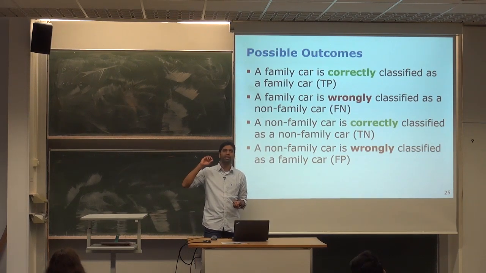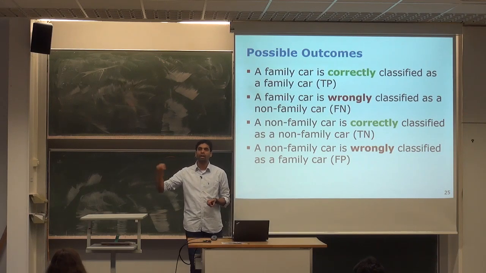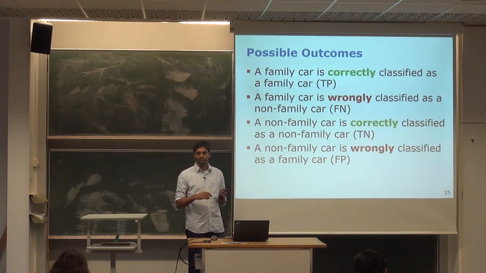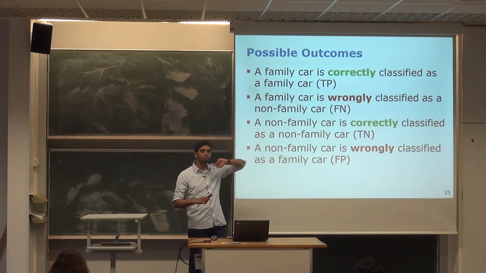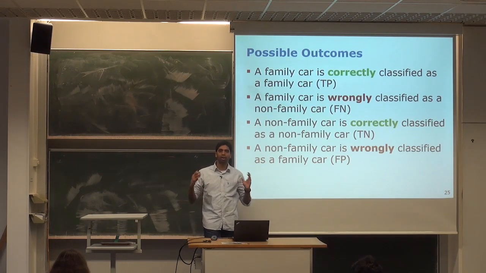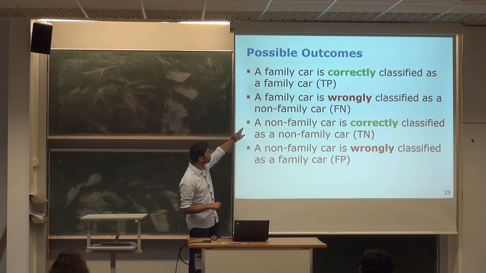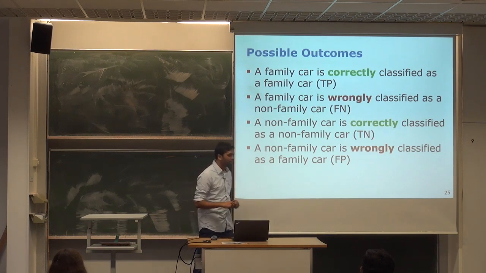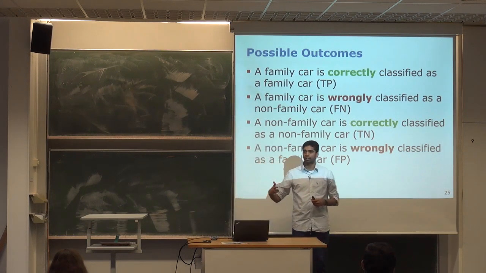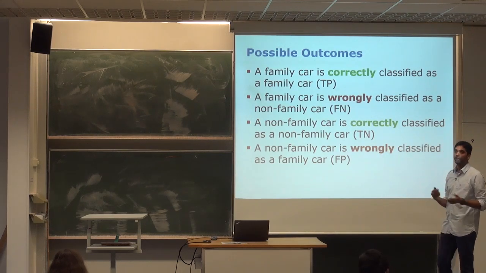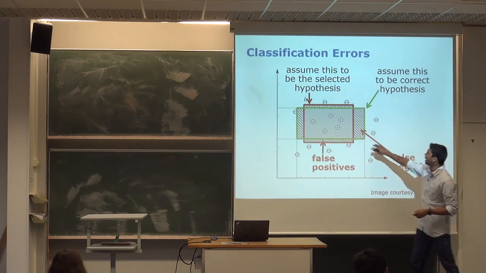The car is actually a family car, and our classifier says it's a family car. This is the best possible case, so we want the true positive rate of our classifier to be as high as possible. Then the next one is what we saw before, the false negatives, in which case a family car is wrongly classified as a non-family car. So it's this area.